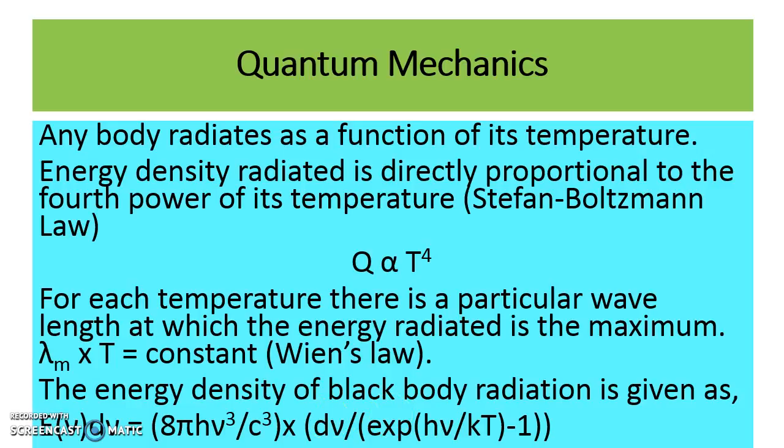Hence, the energy density of a black body could be given as the energy gap multiplied by the number of vibrators.